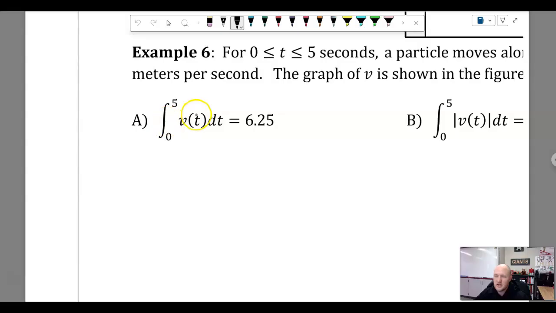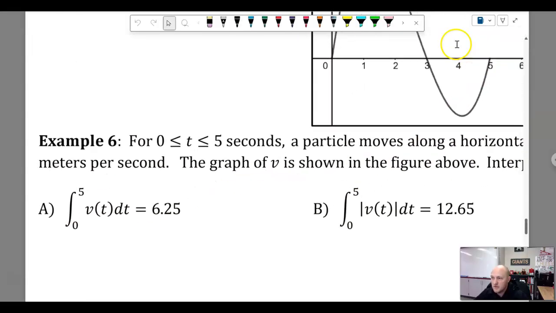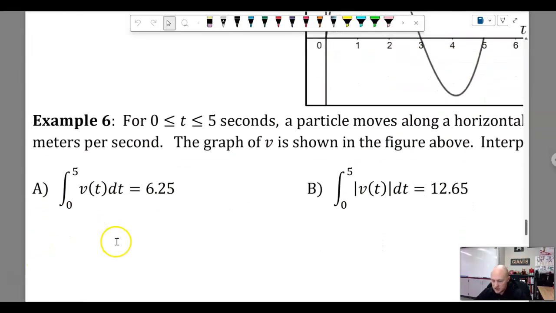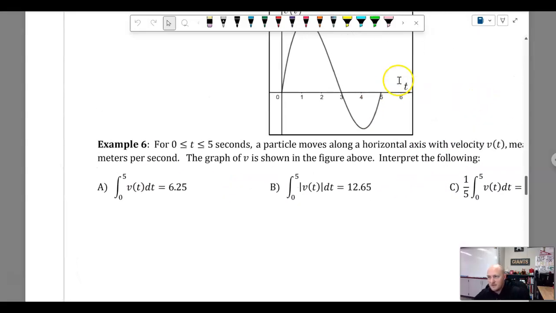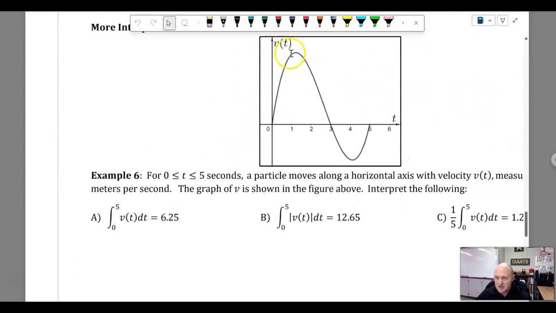What is this? Well, the area under the curve of velocity, the accumulation of velocity, is distance, right? Or in this case, from 0 to 5, it is displacement. I'm going right because it's above, and then I go back left.